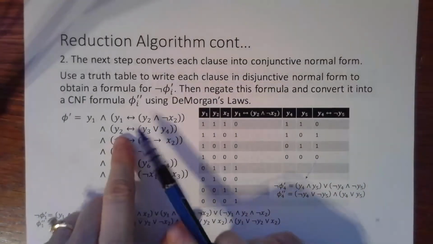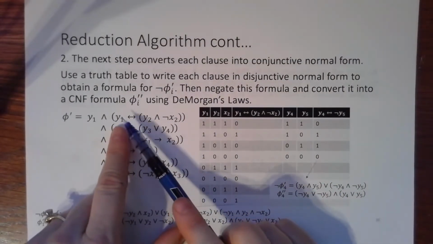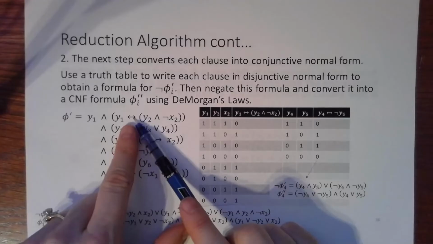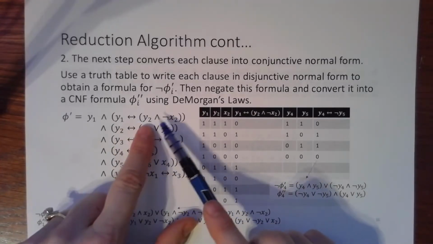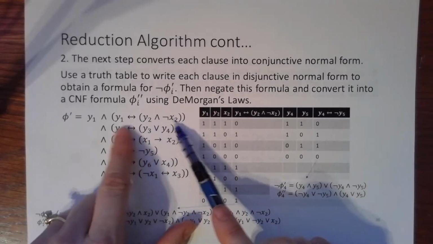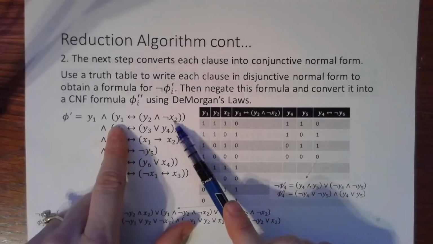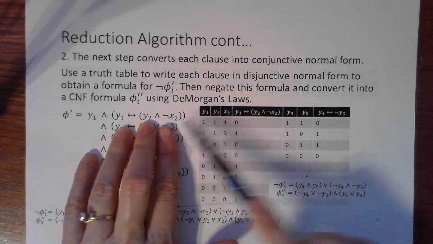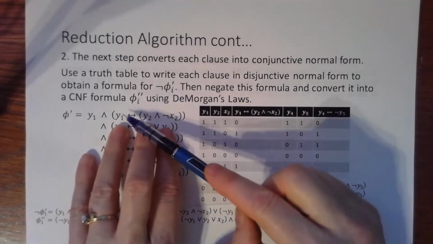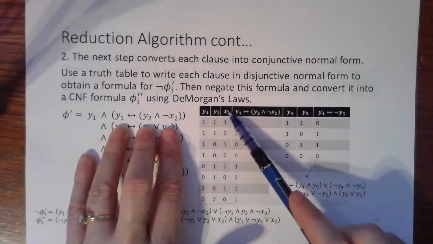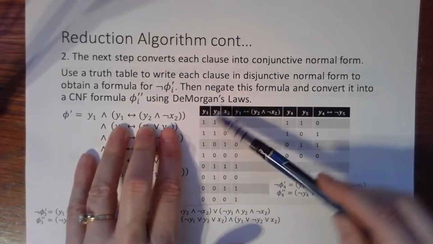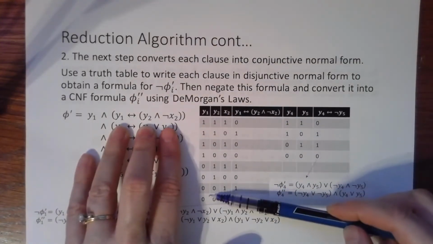For instance, we have this expression right here, y1 if and only if y2 and not x2. This one has 3 different variables in it, so if I were to make a truth table, I would list my 3 variables, y1, y2, and x2. With 3 variables, there are 8 different possible truth assignments.